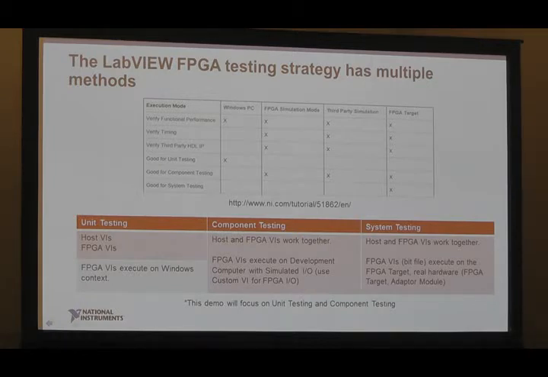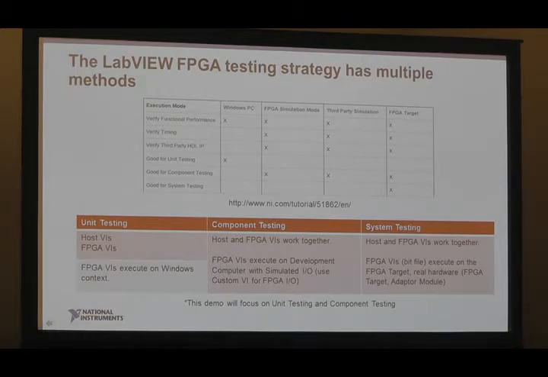The component testing is to test the compilation of the units and modules. The system testing will happen after the integration, so it will check whether the software works in the real hardware system. For each test level, there are multiple methods to implement.